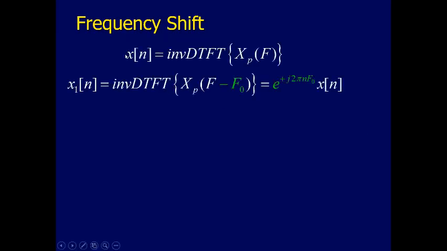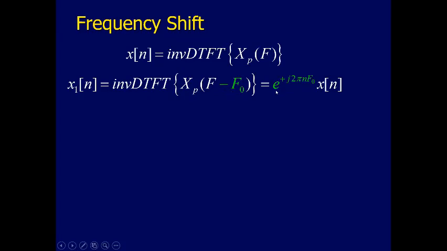So if x sub n is the inverse discrete time Fourier transform of capital X sub f, we're asking the question, what if I take that transform and now shift it to the right by f0? And what happens is our original time function is multiplied by e to the plus j 2 pi n f0, where f0 is the amount of frequency shift we applied.